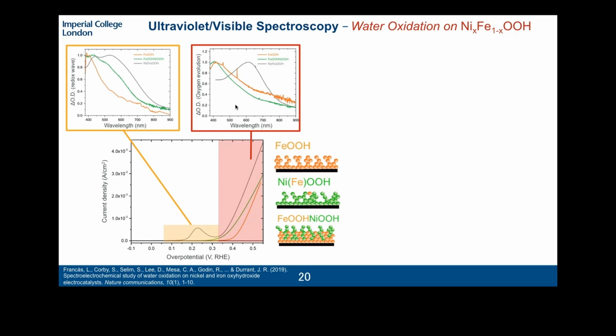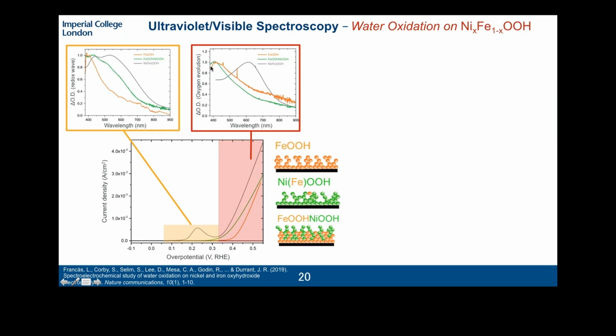The first is that the spectra at low potentials look quite distinct from those at high potentials. So there are probably two different oxidation processes, and one can use this kind of spectroscopy to distinguish between these two different processes.